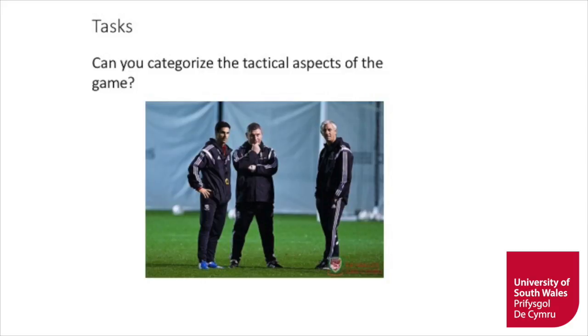Now what I'd like you to do is attempt to categorize those tactical topics within a limited set of categories. So you've got your wide-ranging, broad list of topics. Is there a method by which you can categorize these into set categories or particular areas?